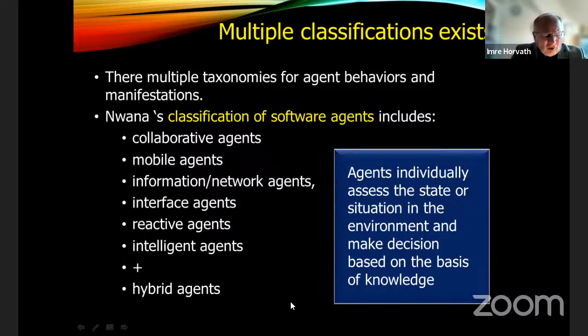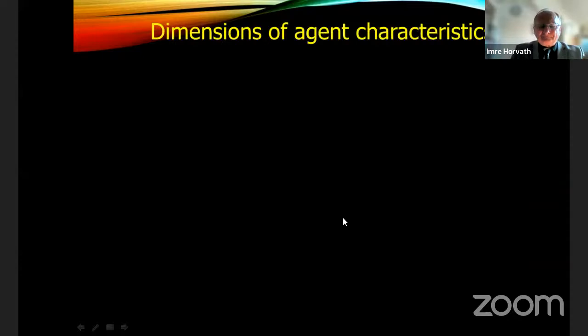What is common, however, in the overwhelming majority of them is that agents individually assess the state or situation of the environment and make decisions on the basis of their knowledge. So agents are primarily concerned with the state of the environment, and obviously they also have to consider their own state.